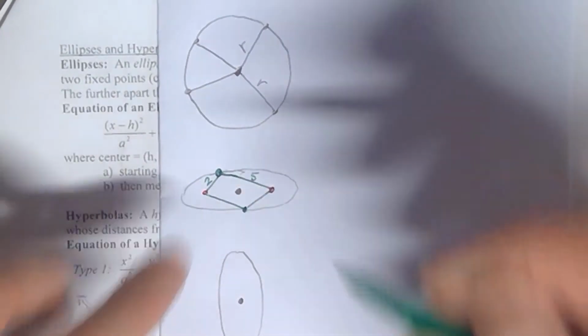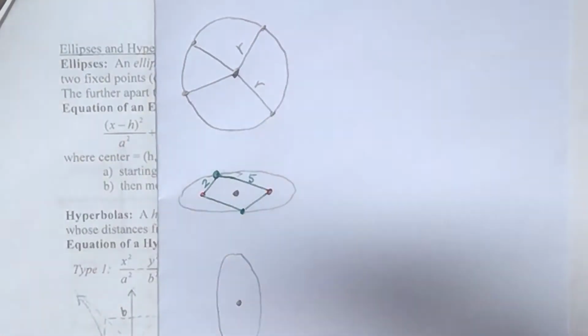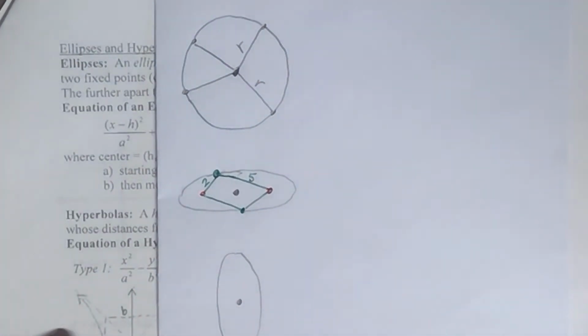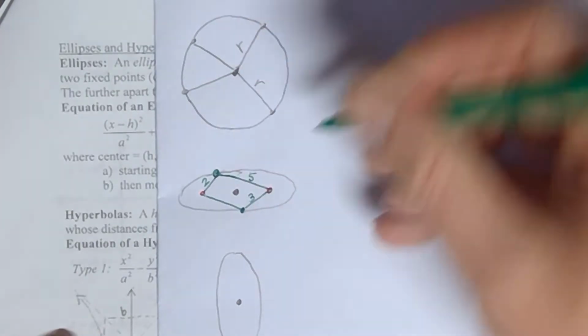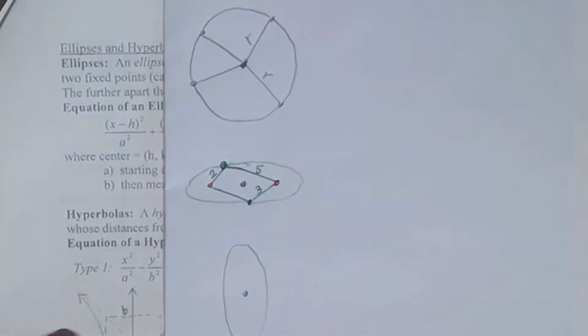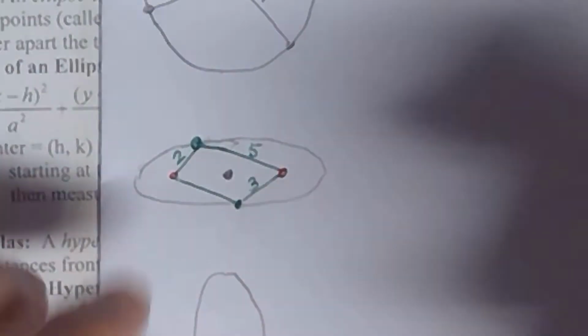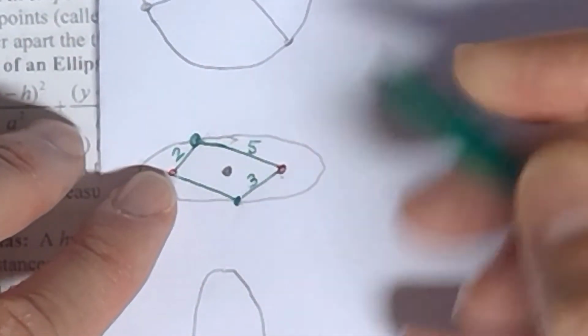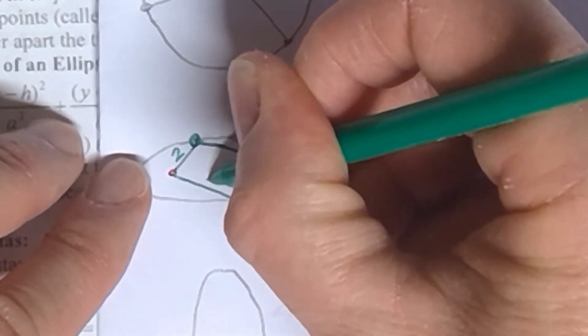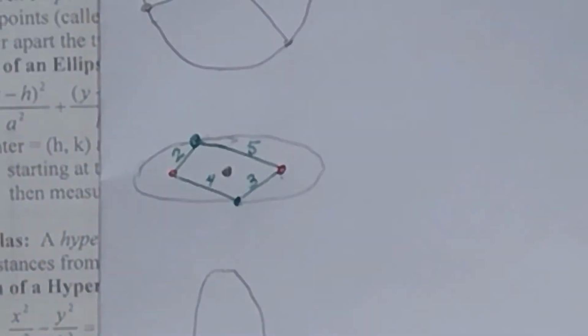When you add up those two distances back to the two focus points, it will always add up to the same thing. So let's just say, for example, that this was 3. If that was 3 right there, then since they have to add up to 7, this must be 4. So that's how ellipses work.